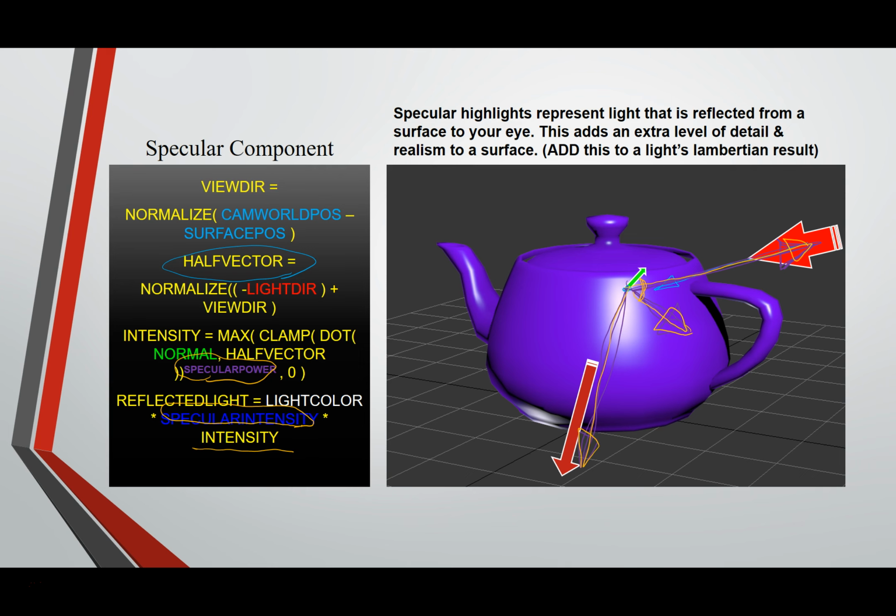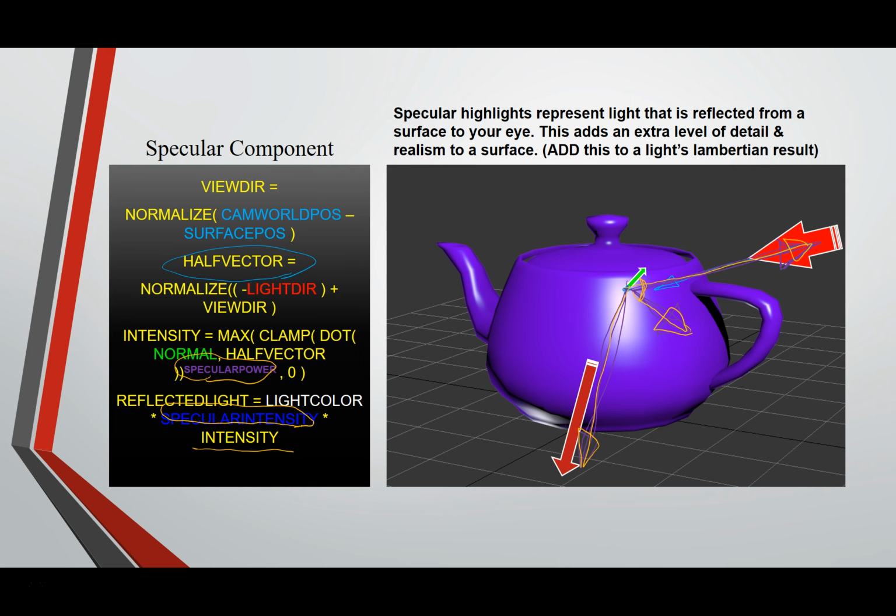So this is in addition to the normal diffused Lambertian term. As you can see here, we have this purple teapot. The purple is coming from the Lambert reflectance. And it's these white highlights that are coming from this specular component, this specular reflectance. So we want to combine them, we want to add them together.